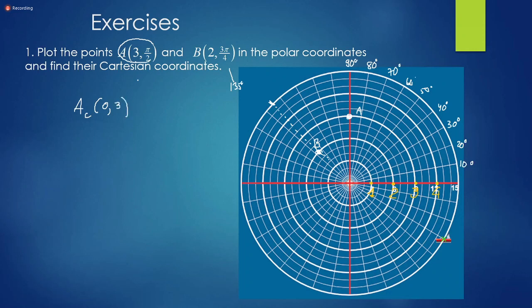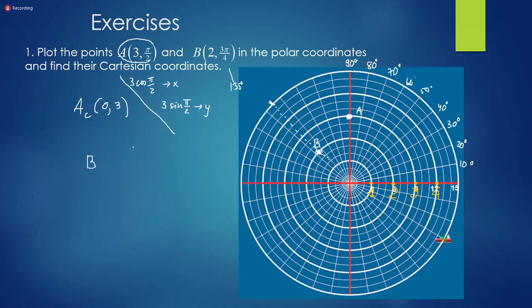Of course, the radius 3 times cosine of pi over 2, that's 0, is x, and 3 times sine of the angle, which is 1, is the y coordinate. We can use the formulas, but in this case it's so obvious that they are unnecessary.